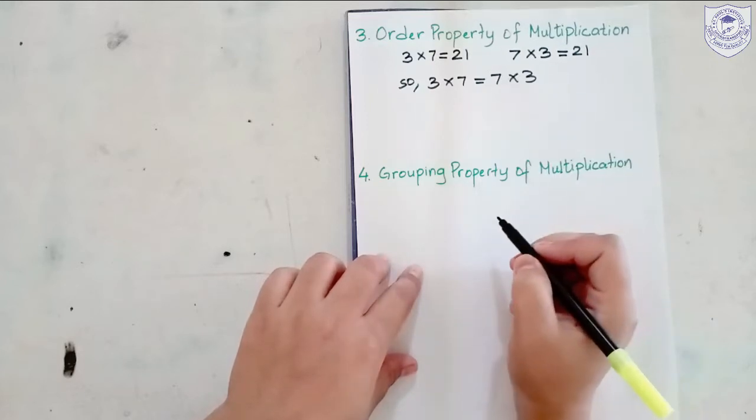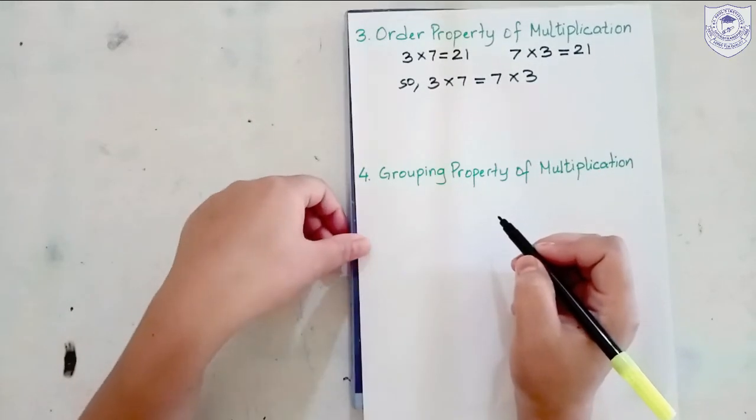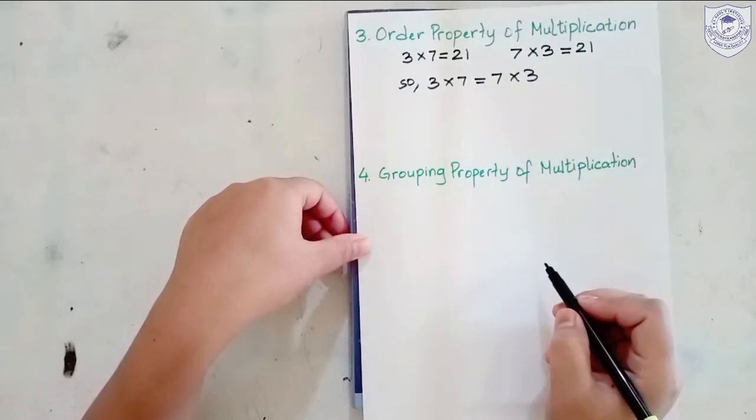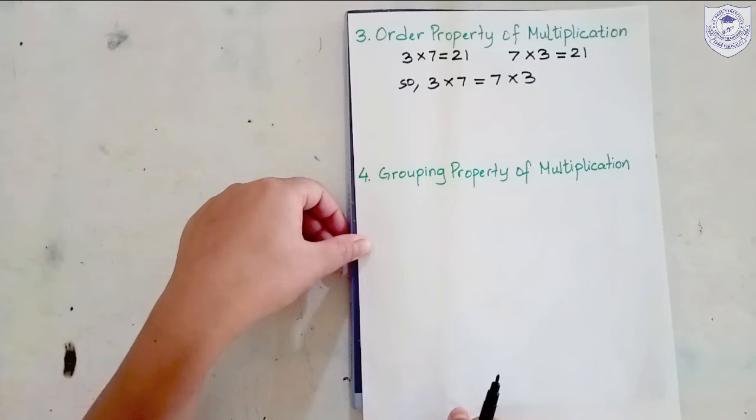Now the last and the fourth property of multiplication is the grouping property of multiplication. Here the product of three numbers remains the same even if they are grouped and multiplied in any order. Okay, let me show you one example again.